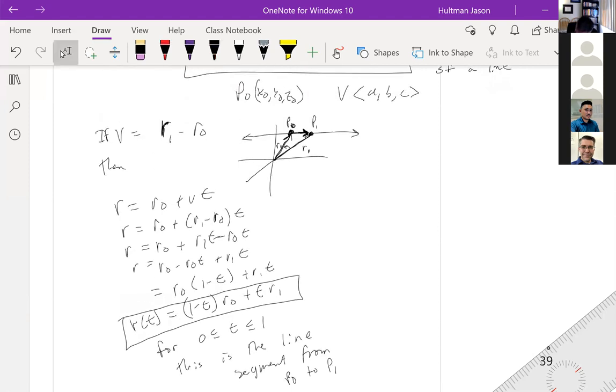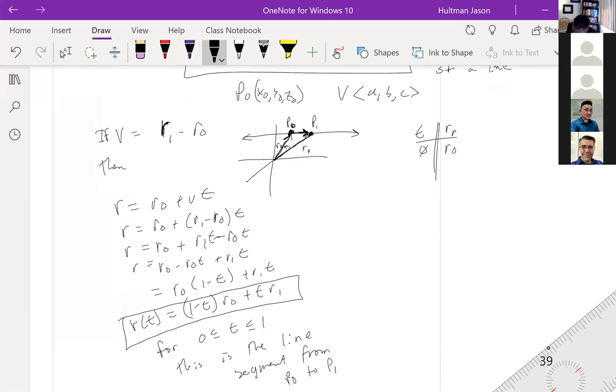When t is equal to 0, we get R naught. So if t is equal to 0, this would be R naught.